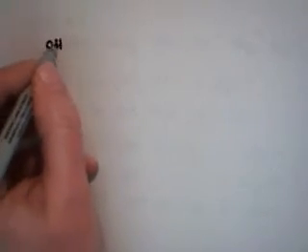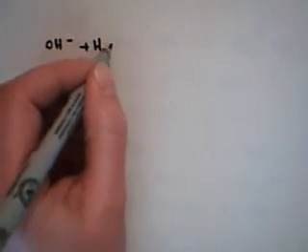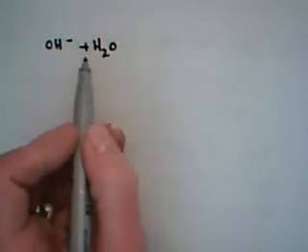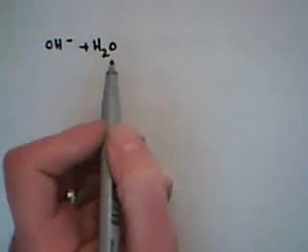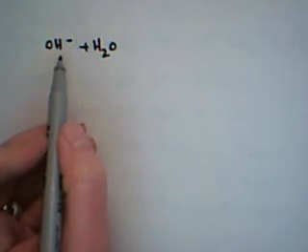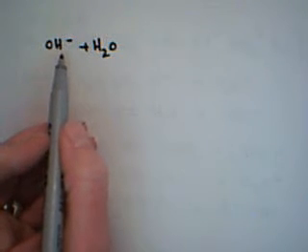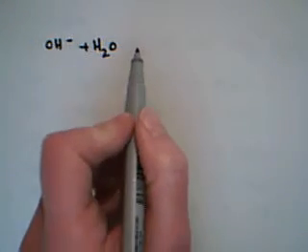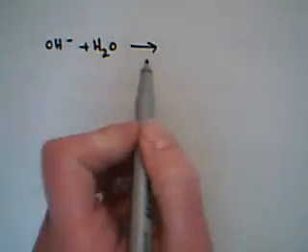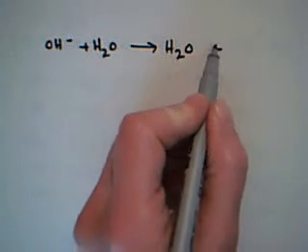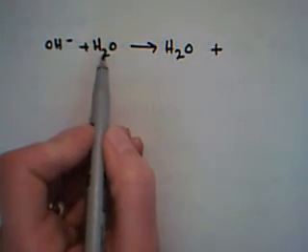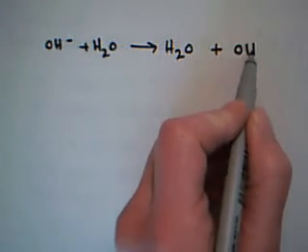Another sheet of paper here. Let's put the OH minus in water. We know that's a strong base, so what might happen here? It would accept a proton and then become, what might it become? H2O plus, what would be left over? OH minus.